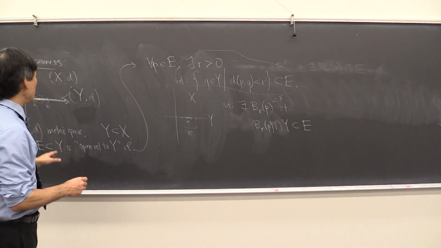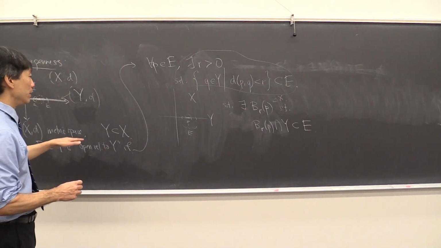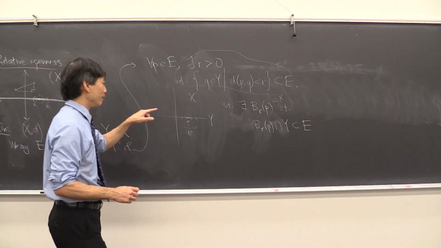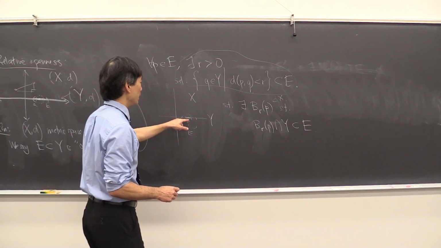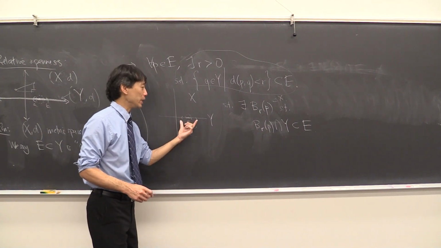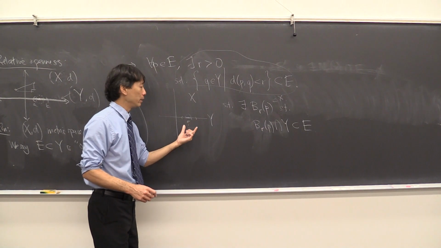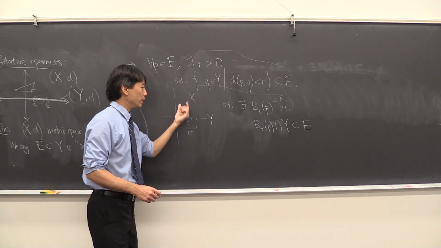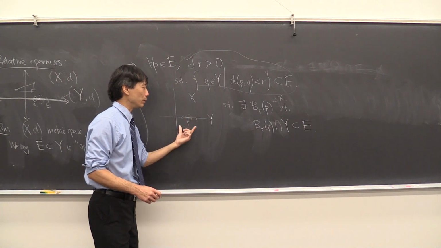So that's what open relative to Y means. Every point has an intersected neighborhood that's still contained in the set.